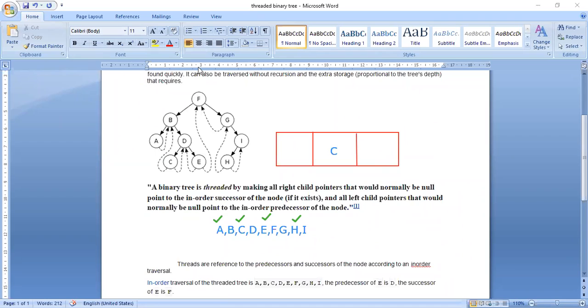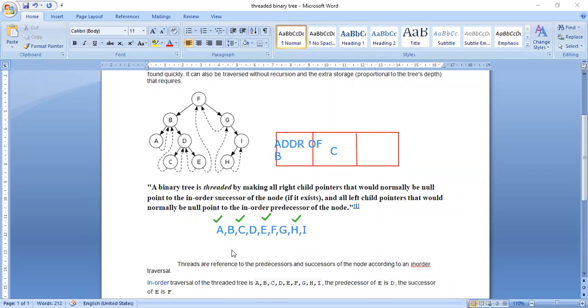So I will write the address of B into the left address pointer.